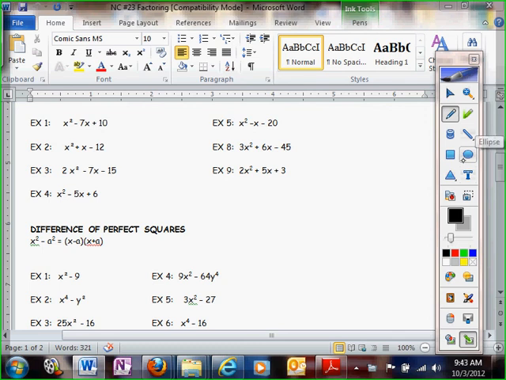And the last example, I'm not going to do examples 5, 8 and 9, but it should be 6 and 7. I'm going to leave those for you to practice. I am going to do example 4.